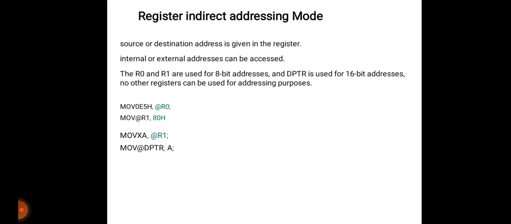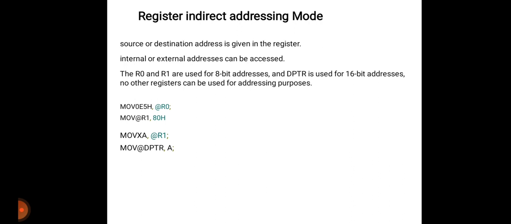In the first instruction, if the contents of R0 is 40H, then the instruction will take the data located at location 40H of the internal RAM. And in the second example, if the contents of the R1 register is 30H, then the content of port P0 will be stored at location 30H in the internal RAM.